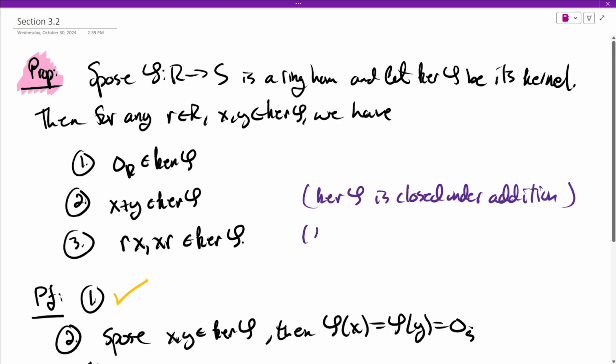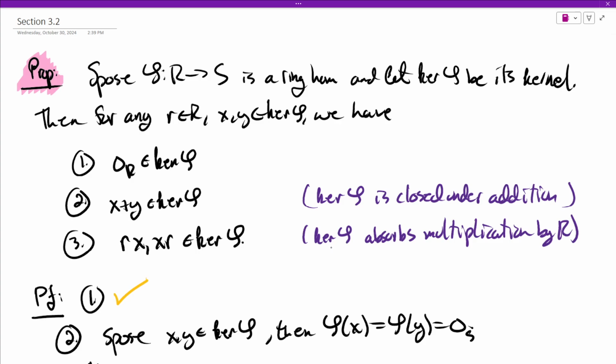And I like to say the kernel sort of absorbs multiplication by r, but you can say whatever you like. It's not that the kernel is closed under multiplication. It certainly is, because everything in the kernel is in R, and it's closed under multiplication by R. But it's more than closed under multiplication.